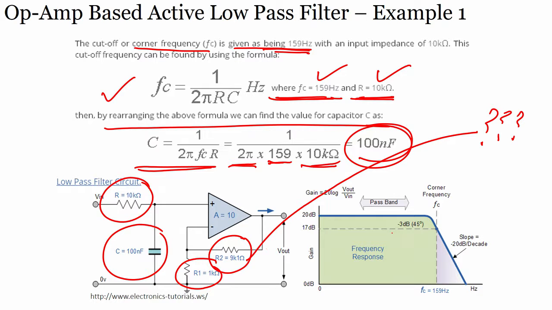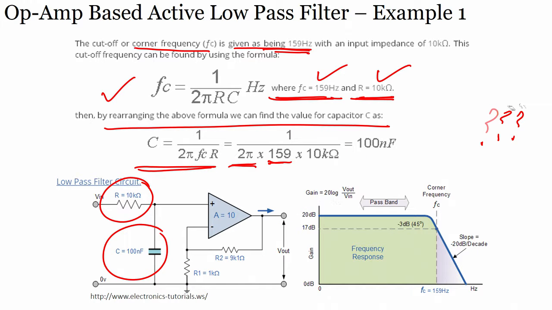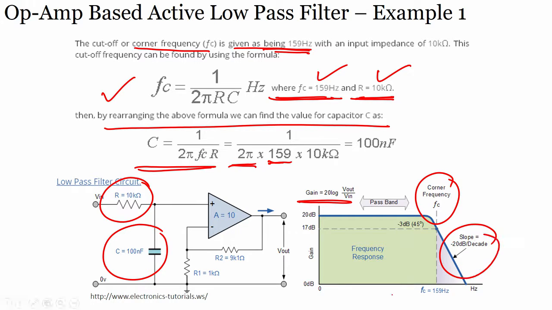If I draw the decibel gain versus frequency, the gain in decibel will be 20 log V out by V in, and I will have the cutoff frequency somewhere here. I have a slope of minus 20 dB per decade. You know that if I use 1 RC, or single pole, I have minus 20 dB.